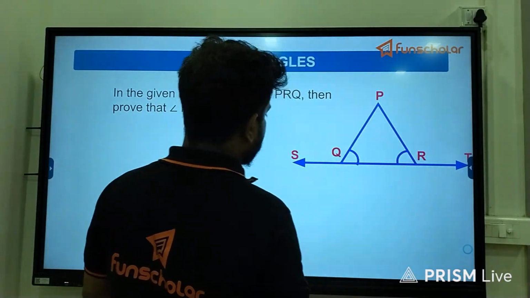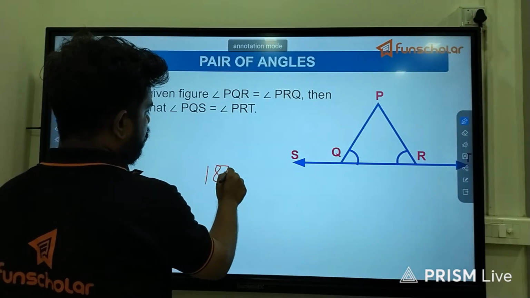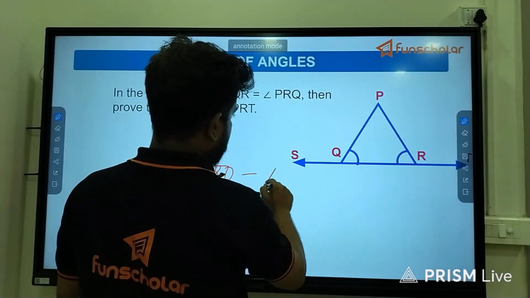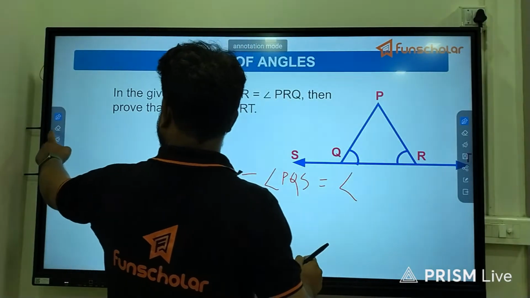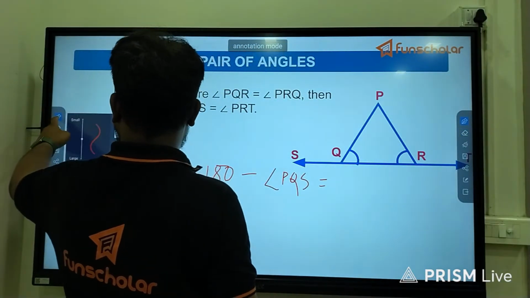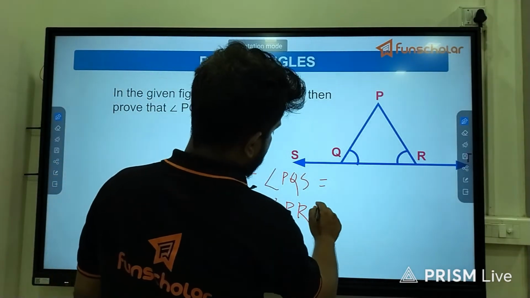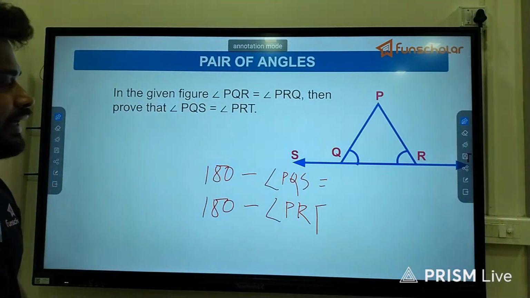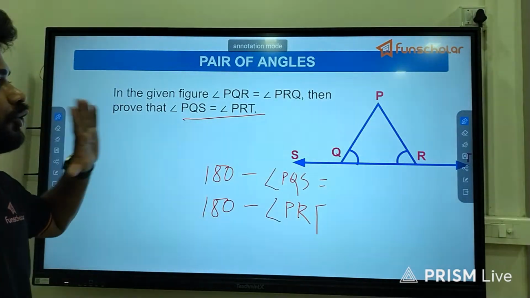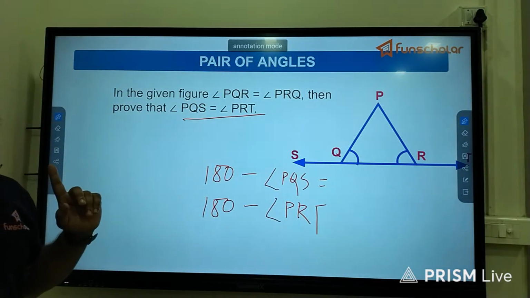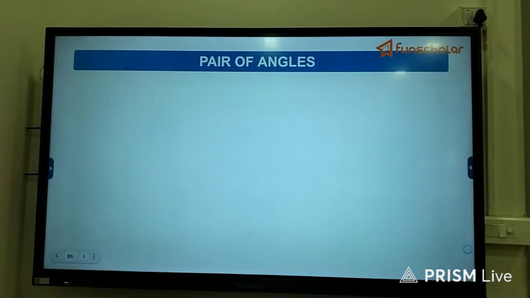If these two are the same, then 180 minus PQR will be the same as 180 minus PRQ. So from this point we can tell that PQS will be the same as PRT. This is like a one-shot, one-line proof of this theorem. Okay, let's go to the next.